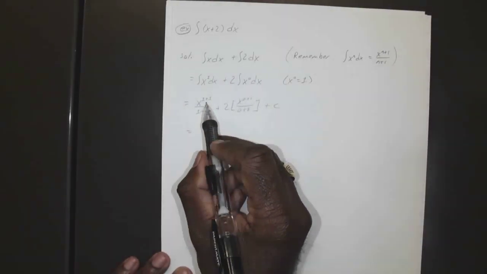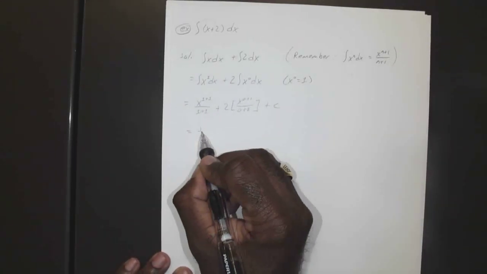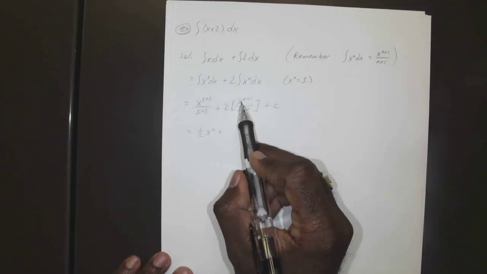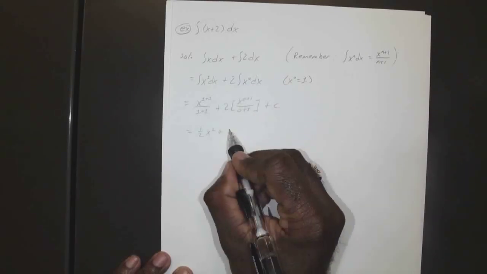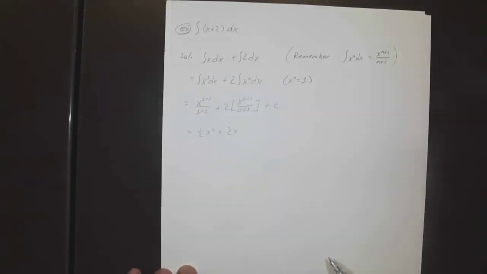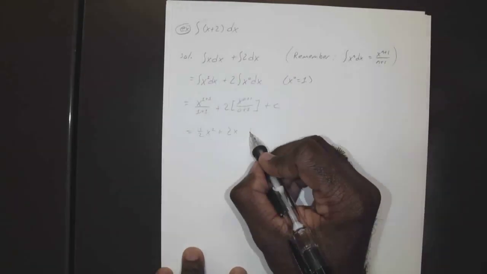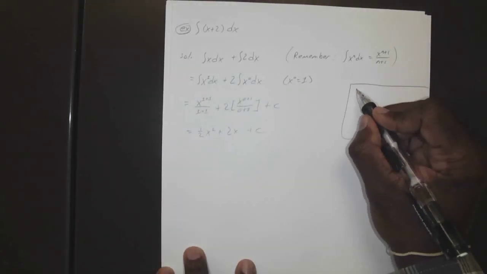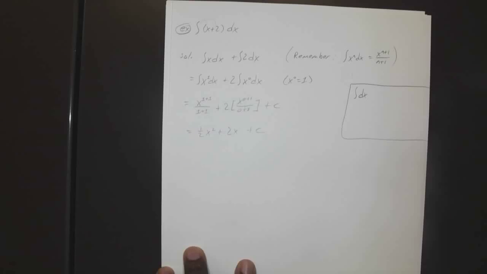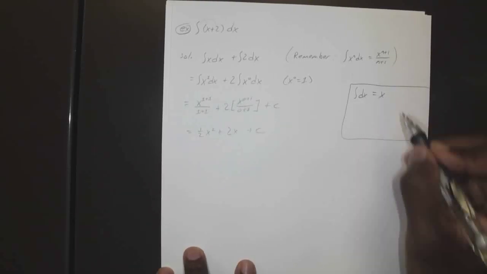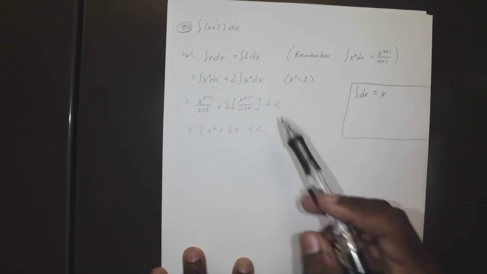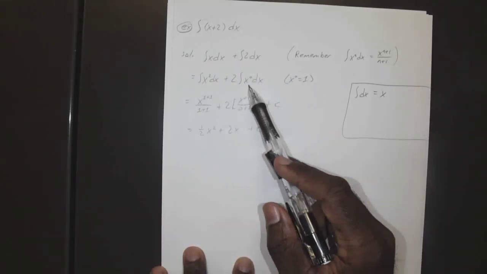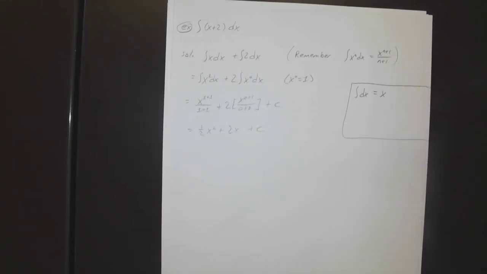So that would give you x squared over 2, which is 1/2 x squared, plus 2 times x to the first power over 1, which is just 2x, plus c. So this is just to show that the integral with respect to x will just end up being x. That's how when we factor out that 2, you have the integral with respect to x. That's how it came up to be that.